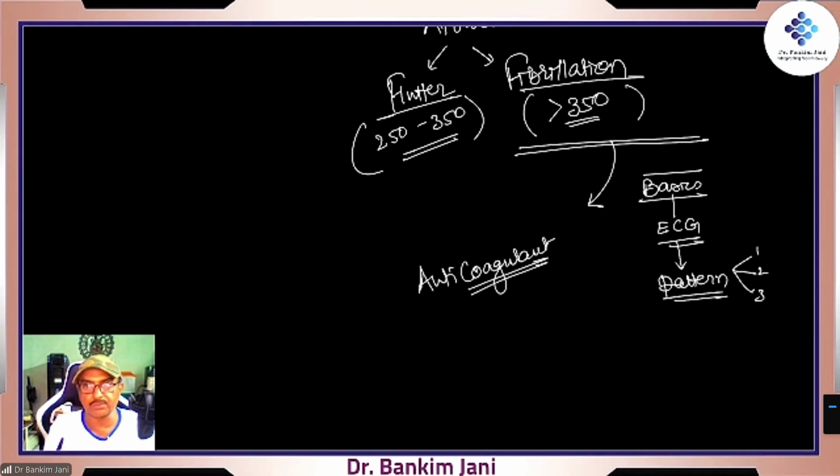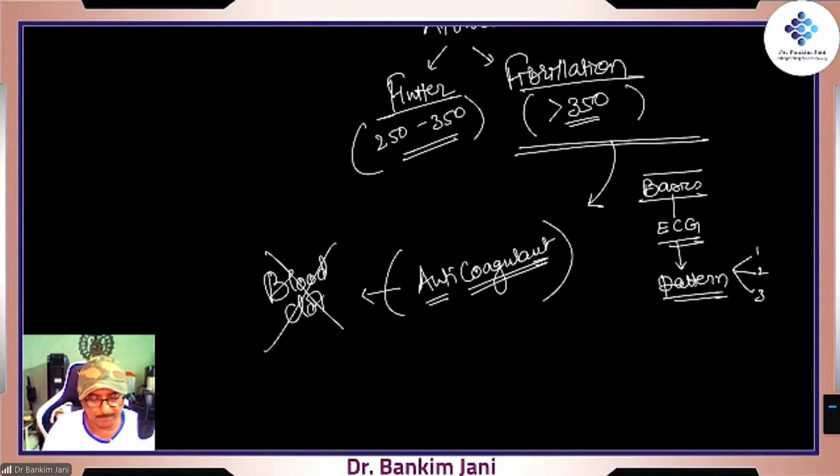Coagulation is a process by which the blood is clotted. That is the process of coagulation. So it is not big rocket science to understand that this is anticoagulant. It means it won't let the blood clot, right? So that's it. Blood clot will not be formed. So that is pretty easy, right?